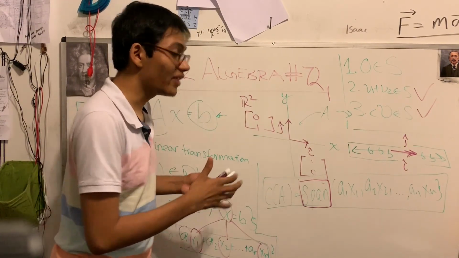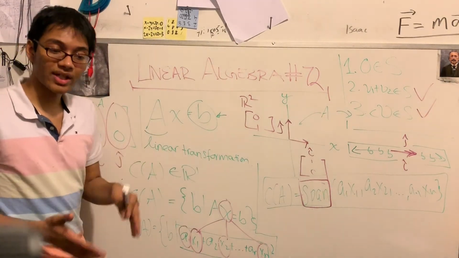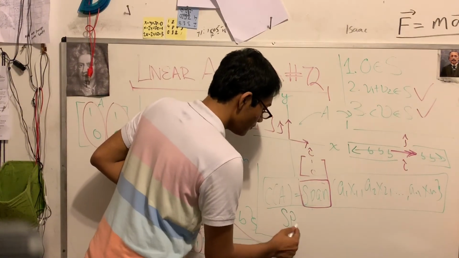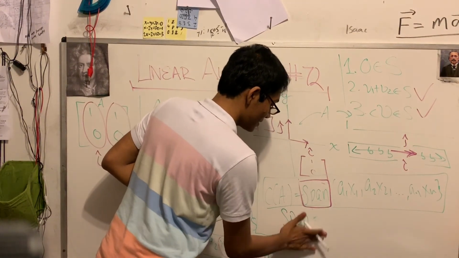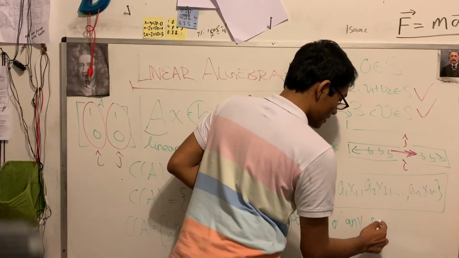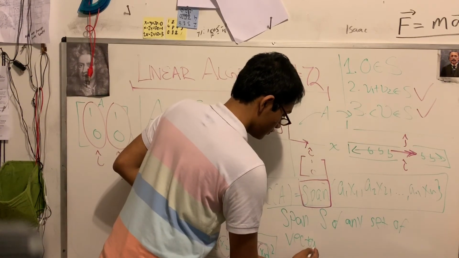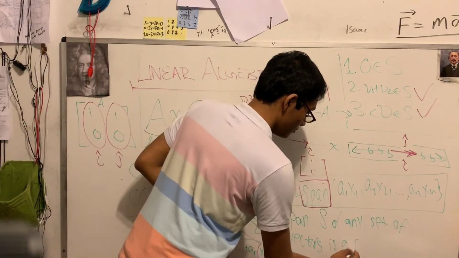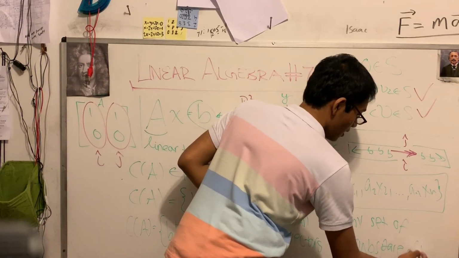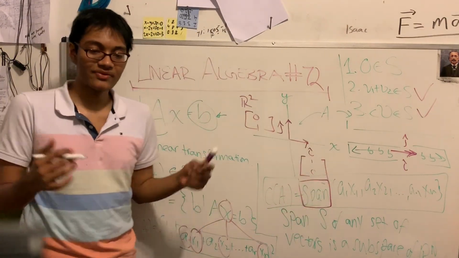The final step of our proof is to say that the span S of any set of vectors is a subspace of Rn, of whatever dimension these vectors are in.